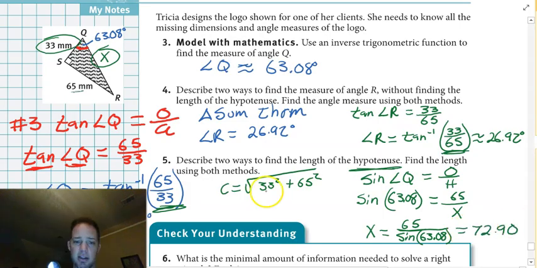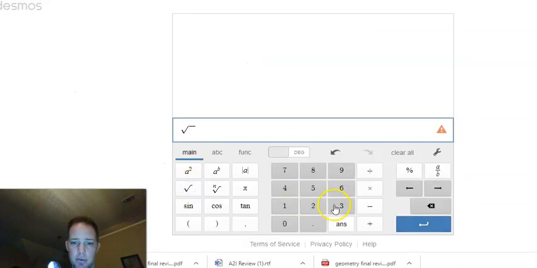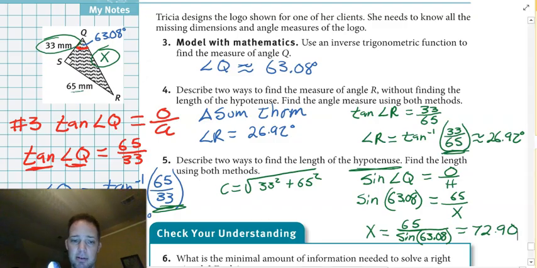So if I did this Pythagorean theorem, square root of 33 squared plus 65 squared, I should get the exact same answer. So square root of 33 squared plus 65 squared, 72.897, so rounded to 72.90, the exact same answer.